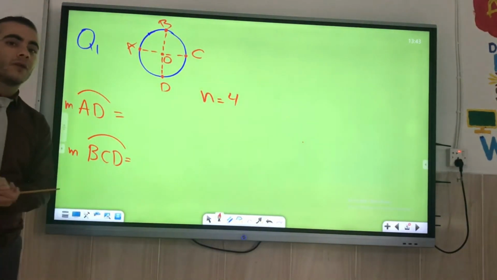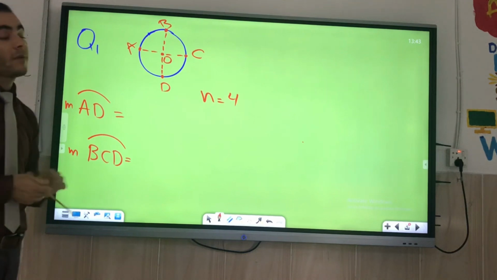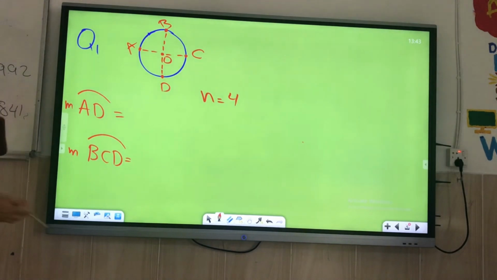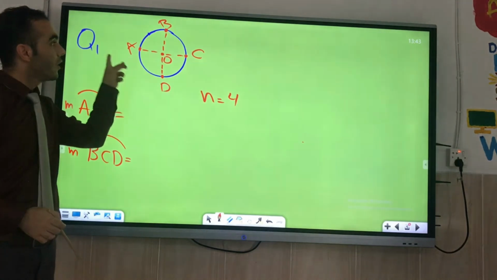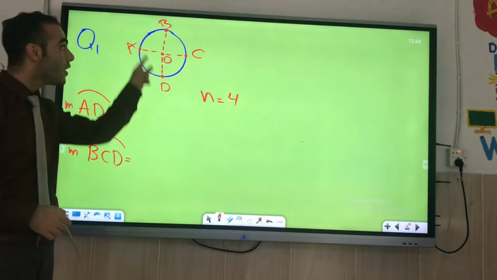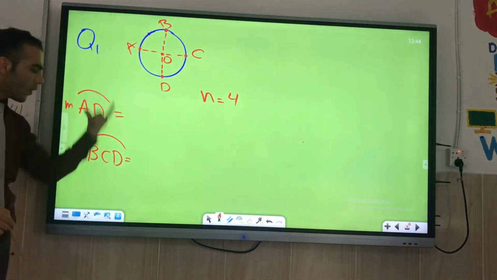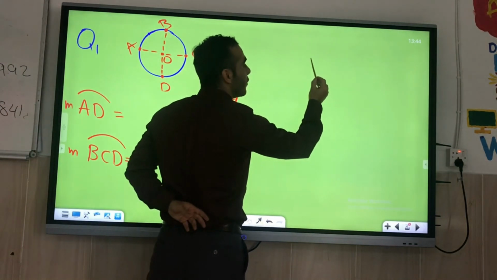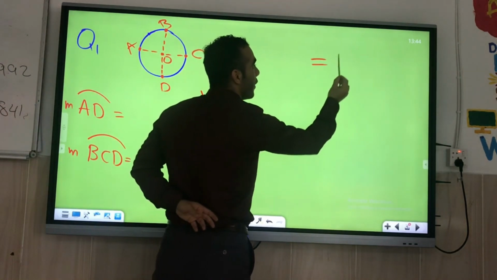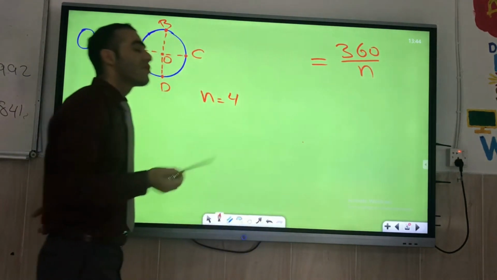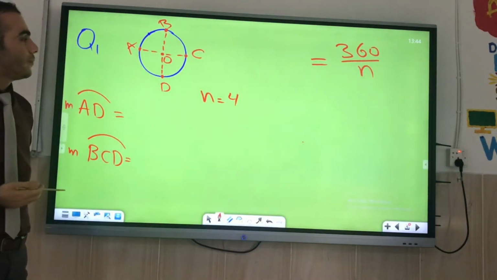Here, the question I wanted to read, regarding the first part, is this: imagine that we have a circle, and we divide that circle into 4 congruent parts. So find the measure of this given arc. Remember that we said each central angle is equal to 360 divided by n, where n is the number of equal arcs.